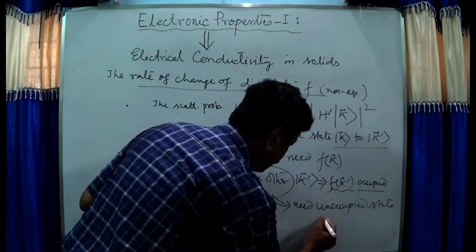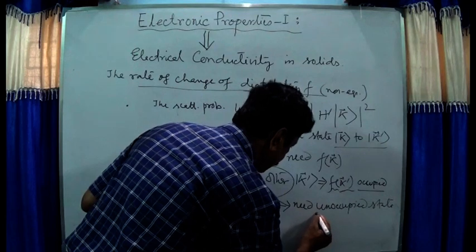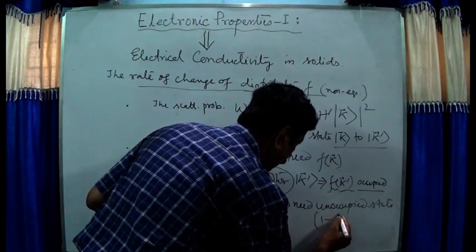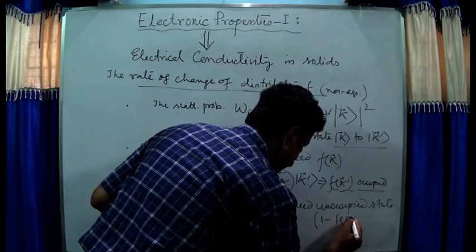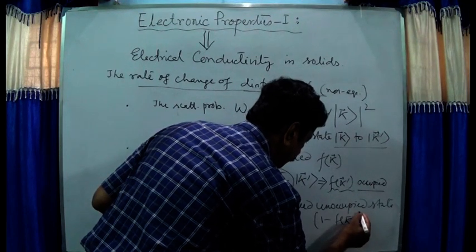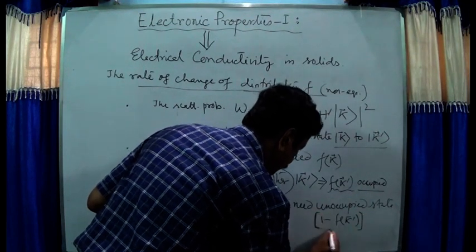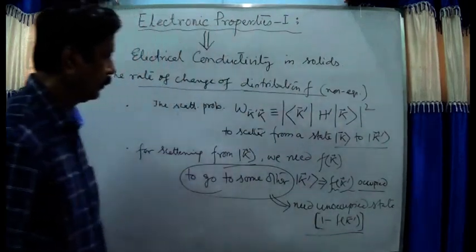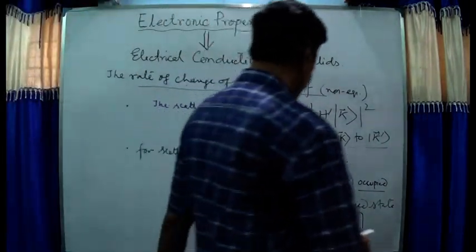distribution of states, that is 1 minus fk prime. So there are two factors.